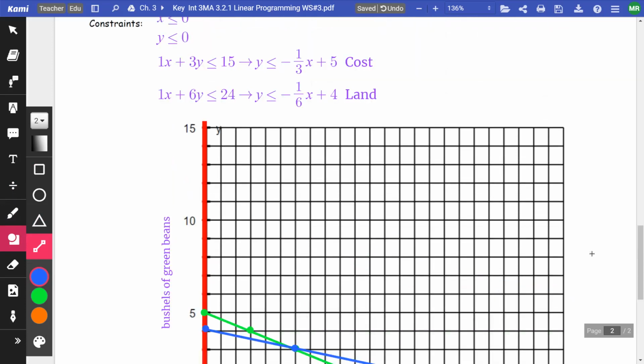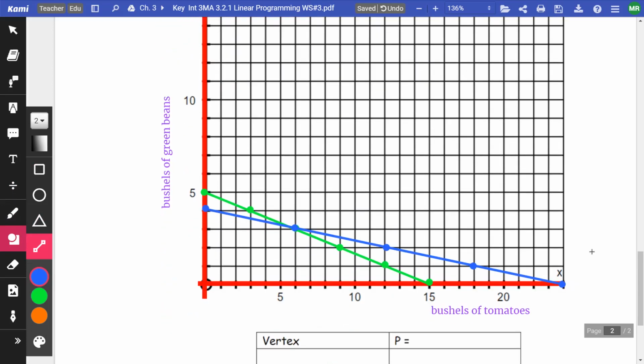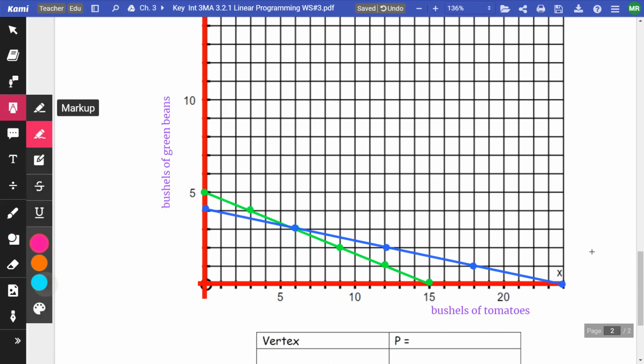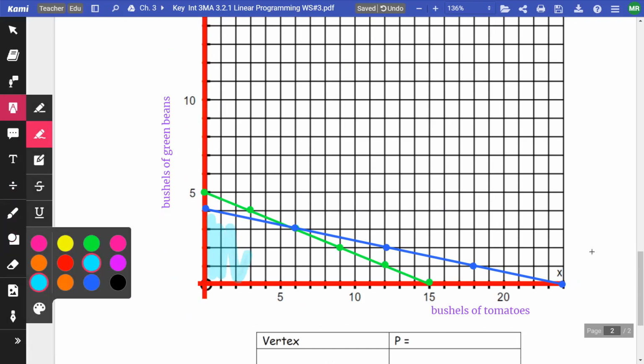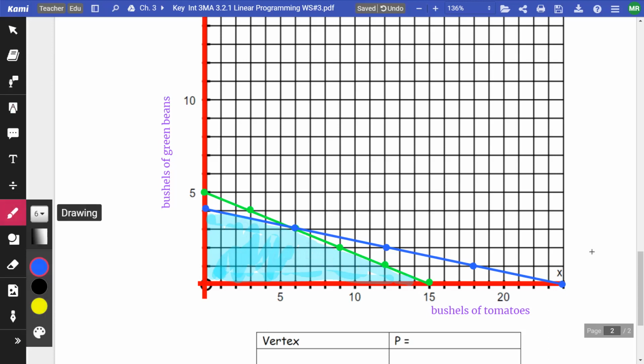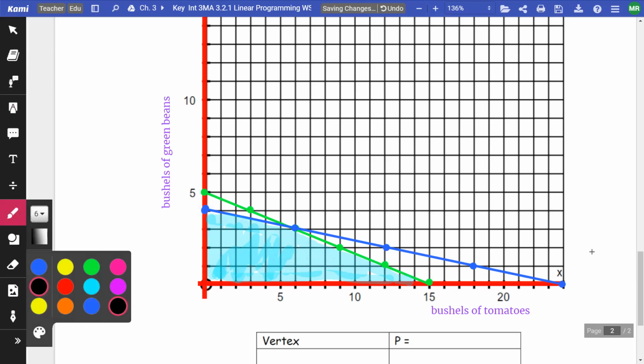And then I am going to shade where they all have in common. So let me just shade that. So that's going to be right here, underneath those lines, but above the red. And I'm going to have some vertices. I have a vertex here, here, here, and here.